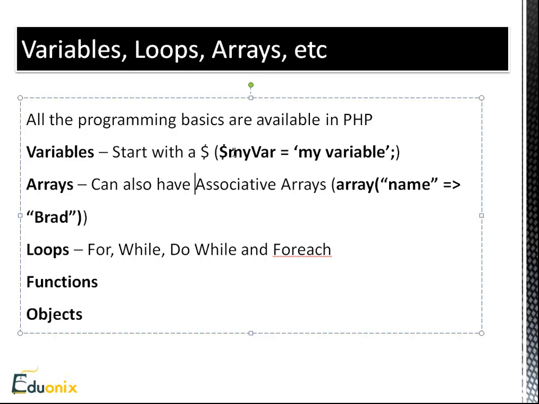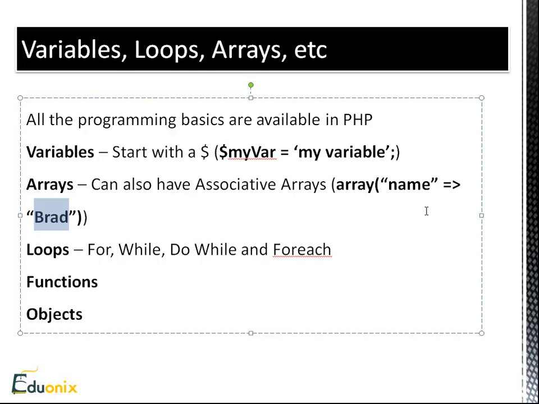Arrays, we can also have associative arrays, which are extremely helpful. So we can create an array and we can give it a key. So we have name as a key and then a value, in this case Brad. It's also known as a hash. If you've worked with Ruby on Rails or some other languages, this is sometimes called a hash.